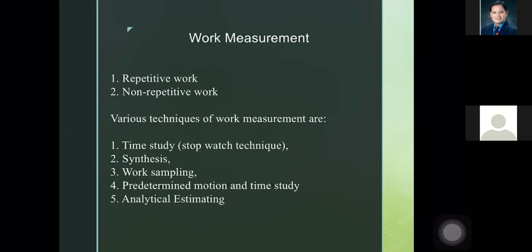And last, analytical estimating. It is a work measurement technique, being a development of estimating, whereby the time required to carry out elements of a job at a defined level of performance is estimated partly from knowledge and practical experience of the elements concerned and partly from the synthetic data. Time study and work sampling involve direct observation and the remaining are database and analytical in nature.